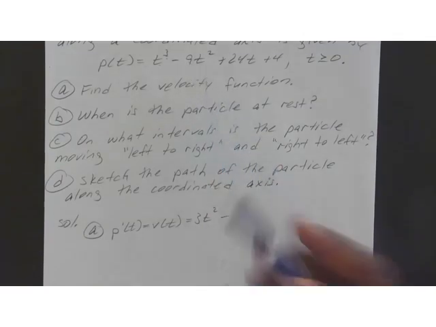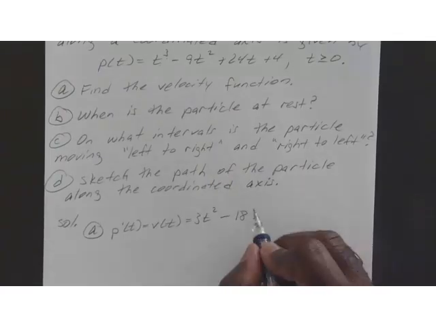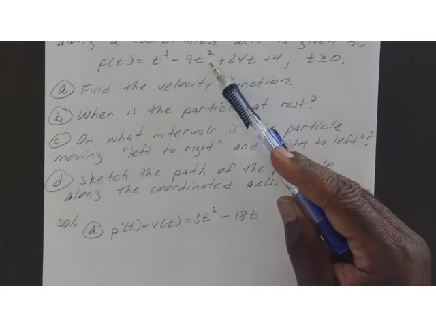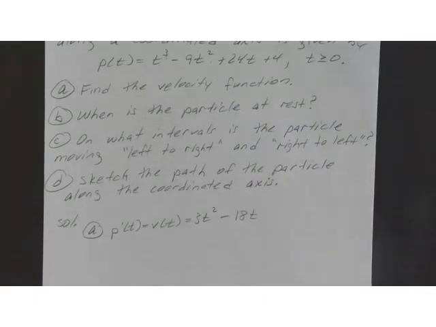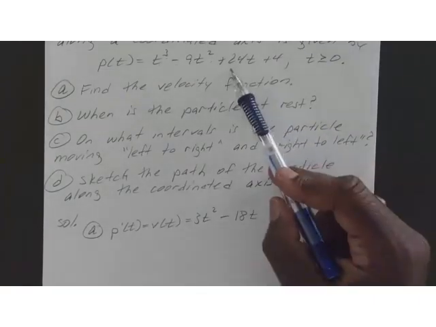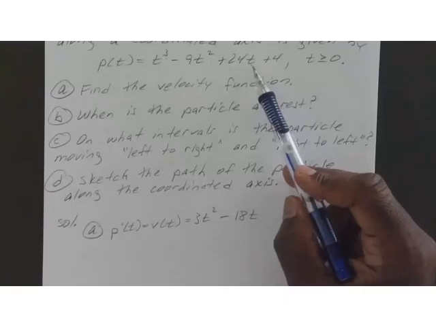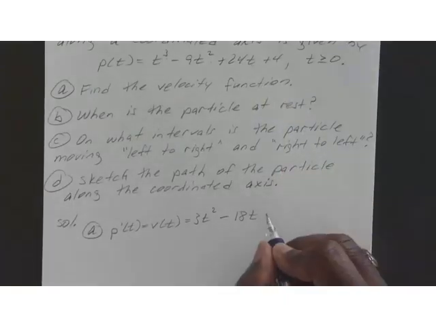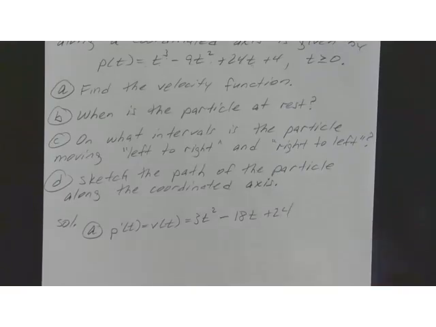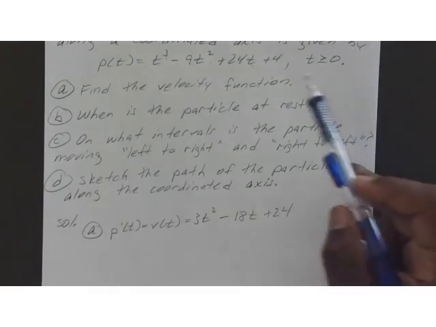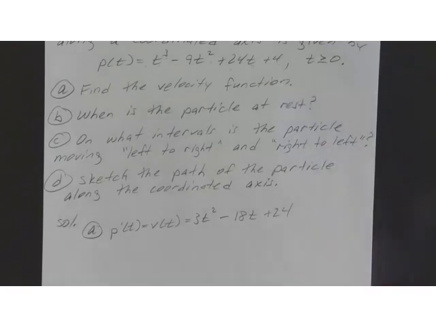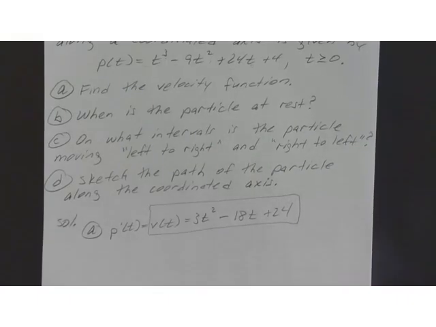So negative 9 times 2 is negative 18, times t to the power of 2 minus 1, which is just 1. So we can leave it as negative 18t. Plus 24 times the derivative of t, which is just 1. So 24 times 1 is 24. And the derivative of 4 is 0, since the derivative of a constant is always 0. So we know that our velocity function is 3t squared minus 18t plus 24.